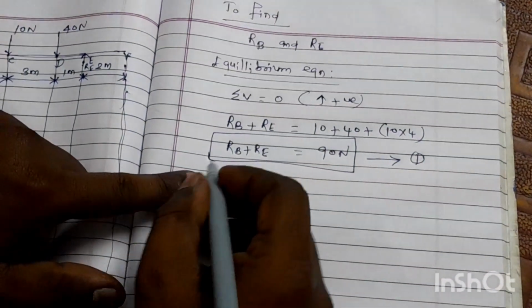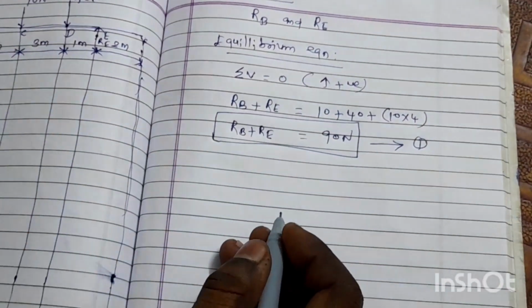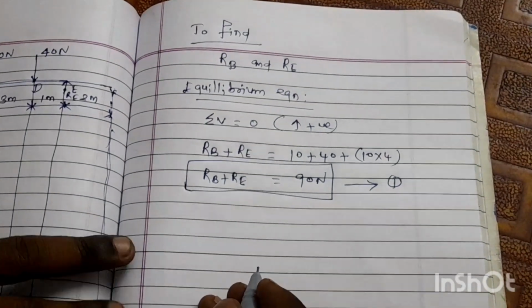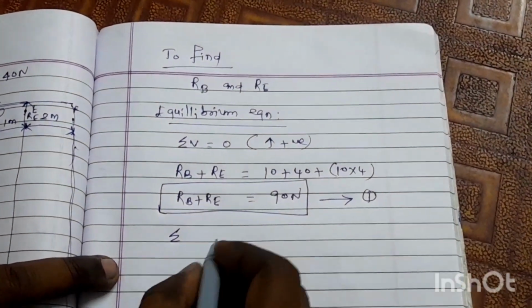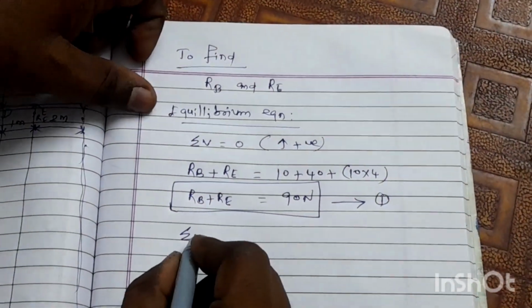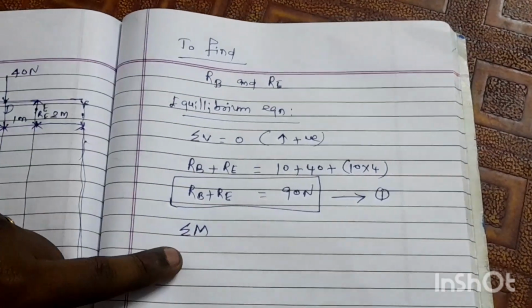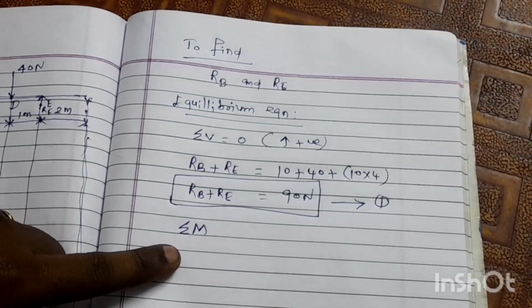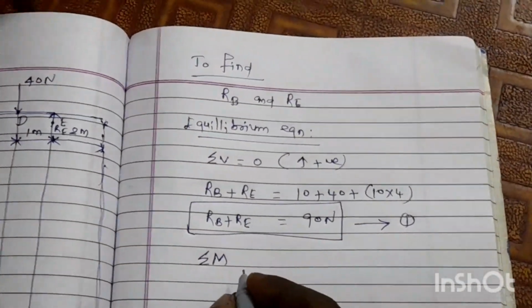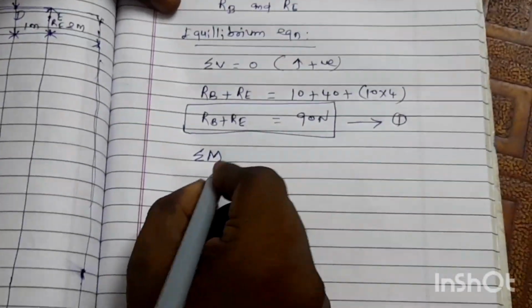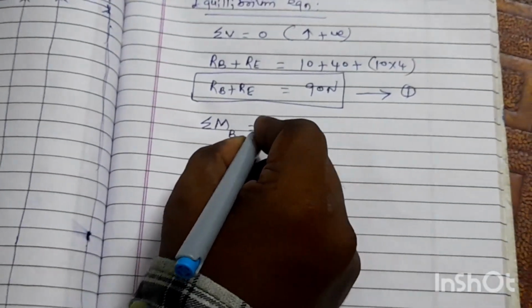If we know one reaction, we can find the other reaction. For that, let's take another statical equilibrium equation, the sum of moments. We can take moments at any point, so where the support is there, that point we can take. Let's take point B, sum of moments at B is equal to 0.